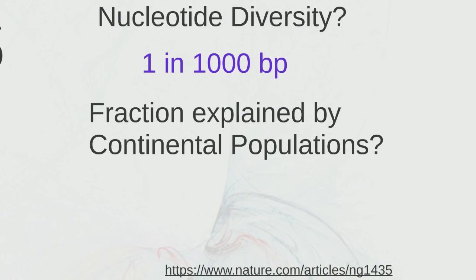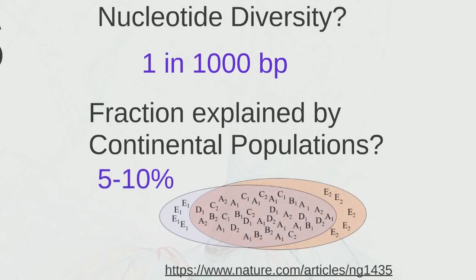How much of that is explained by continental populations? It turns out fairly little. So most of those 1 in 1,000 base pairs is something other than you're from Europe or you're from Asia. You can think of the picture as something like this. If continental populations are the orange and the blue, yes, there's a little bit of genomic diversity out here, variants that are specific to each, but the majority of them are shared.